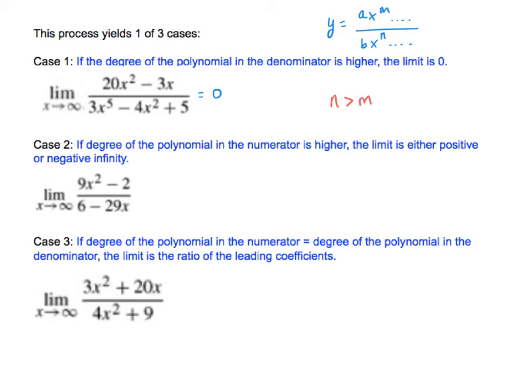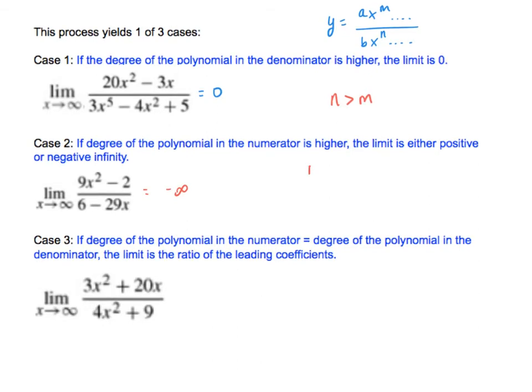Second case, if the degree of the polynomial in the numerator is higher, then the limit is either positive or negative infinity. In this example, we got negative infinity. What you need to look at here much more closely than the other scenarios, you need to take the leading terms, meaning highest exponent, and simplify it, right? 9x squared divided by negative 29x.